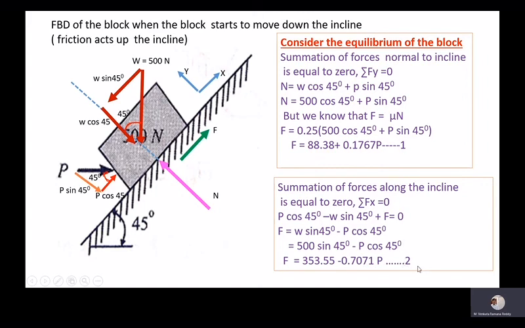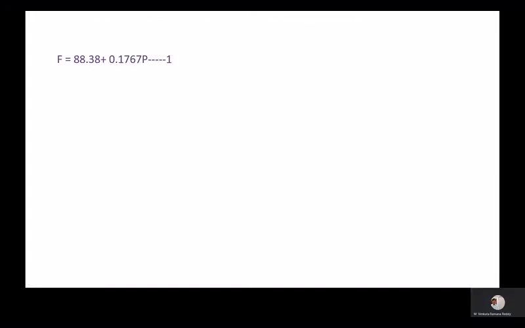After solving equations 1 and 2, we'll get the value of P, that is the applied force. These two equations are to be solved.